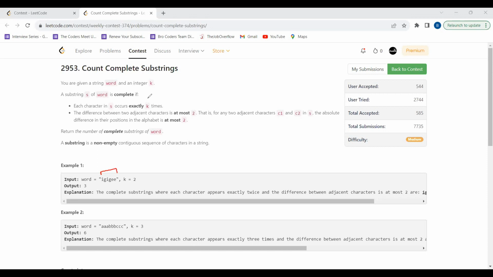It can be at most 2, but not greater than 2. Is it clear? Return the number of complete substrings of word. The question is clear.